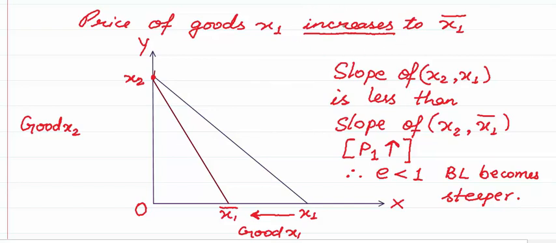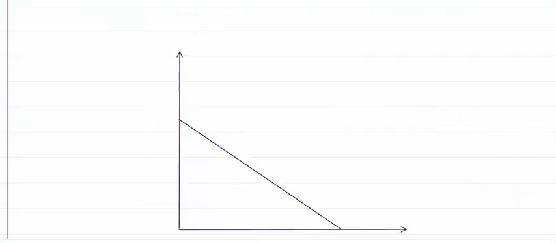Let's see what happens if there is a decrease in price of X1. So let's suppose the price of good 1 decreases or falls. So we have y-axis, x-axis, origin.